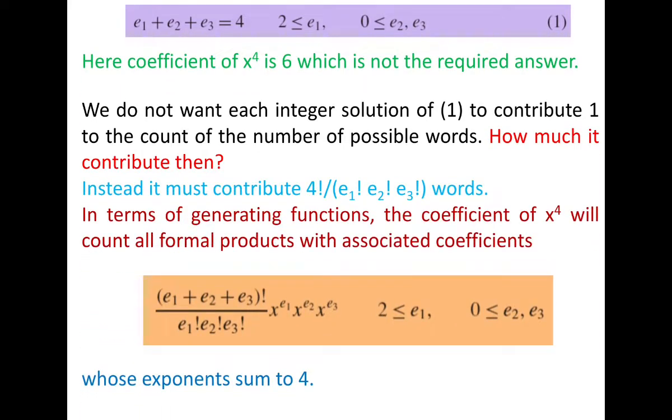So in terms of the generating function, the coefficient of x raised to the power r will count all formal products with associated coefficients. This leads us to write down the required exponential generating function.